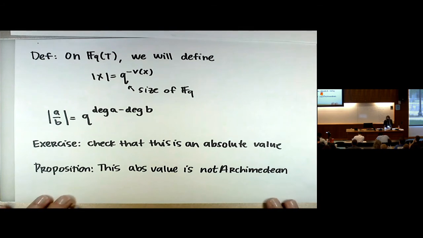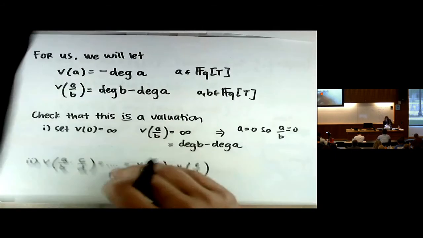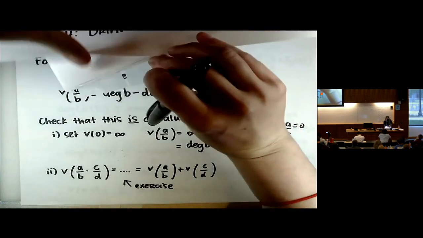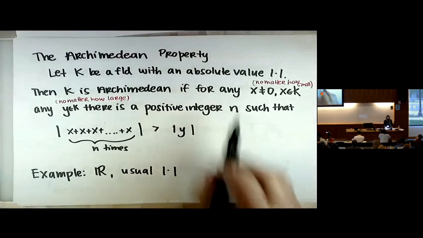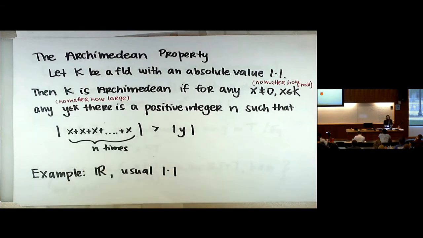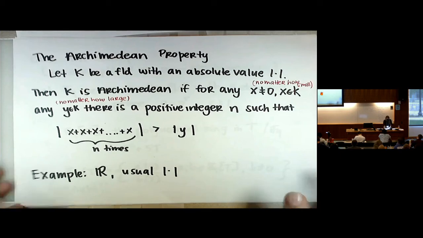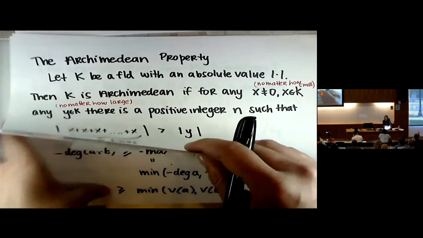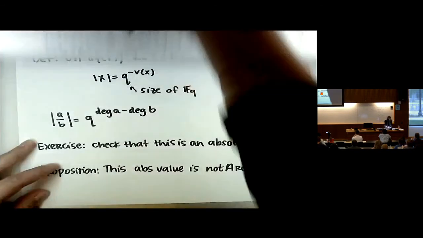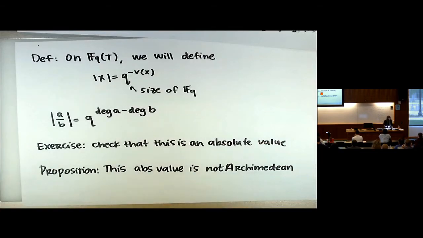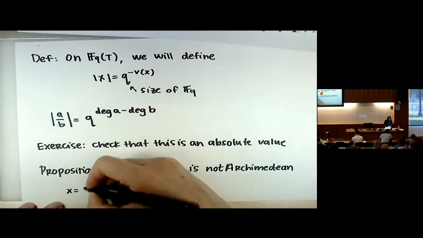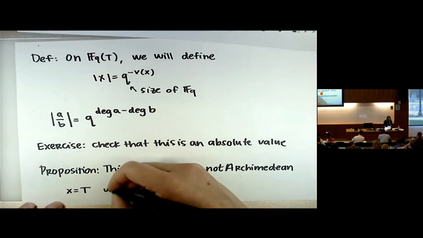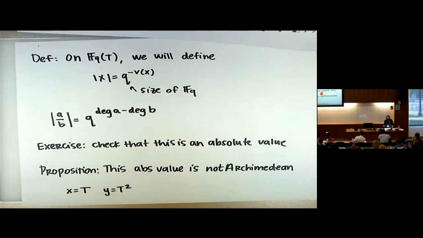Okay? And if you remember way back when, the definition of Archimedean is a for-all statement, right? I have for all x and any y, blah, blah. So it's really easy to show that you fail a for-all. You just have to fail once. So pick almost anything and you will win. I can pick my little polynomial to be, say, t, and my big polynomial to be t squared.